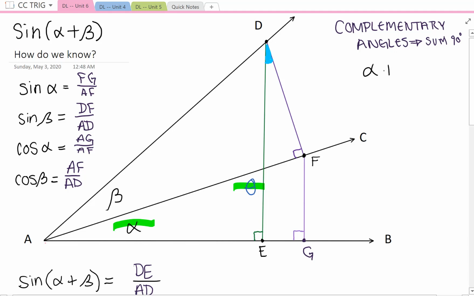Let's make a note of that: alpha plus theta is 90 degrees. Vertical angles: if this angle is theta, this is also theta.